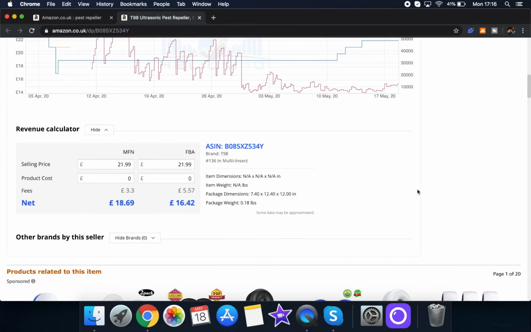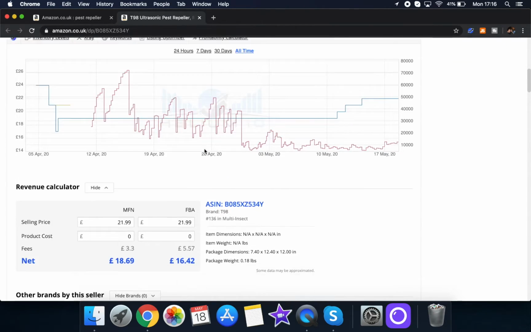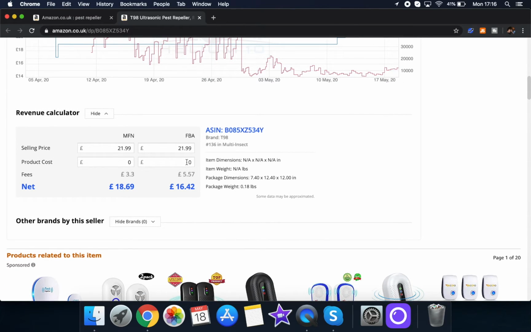And the last bit of information from Helium that I would like to show today is the revenue calculator. So let's say you wanted to source this particular product and sell it yourself on the Amazon marketplace. You've got a product cost of, let's say, £10 from your supplier. You can just type in £10, and the Chrome extension will calculate how much net profit your product will have if the product cost is £10.